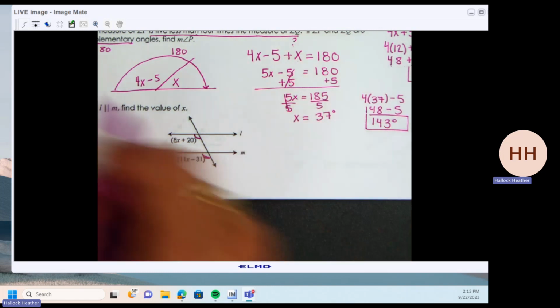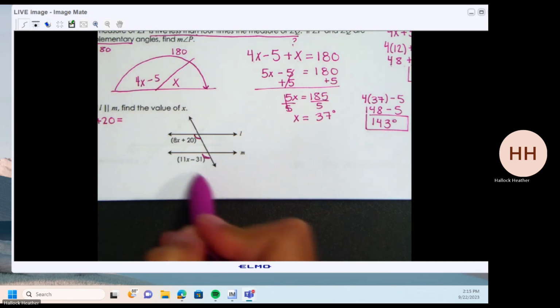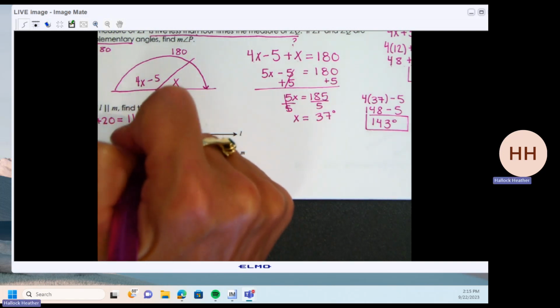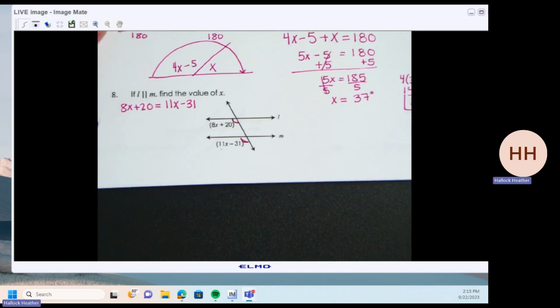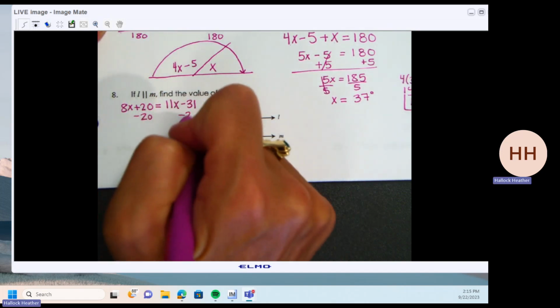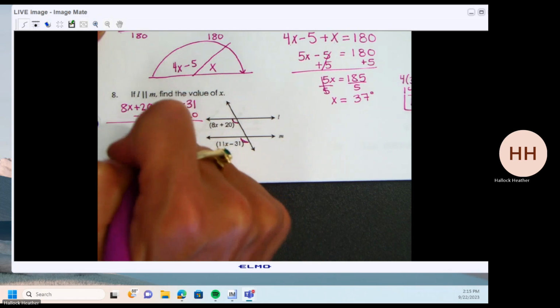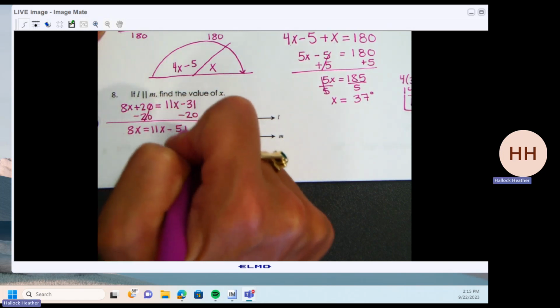So I could do 8x plus 20 equals 11x minus 31. Now I'm going to pick what I want to move. I'm going to subtract 20, subtract 20. So I have 8x equals 11x minus 51.